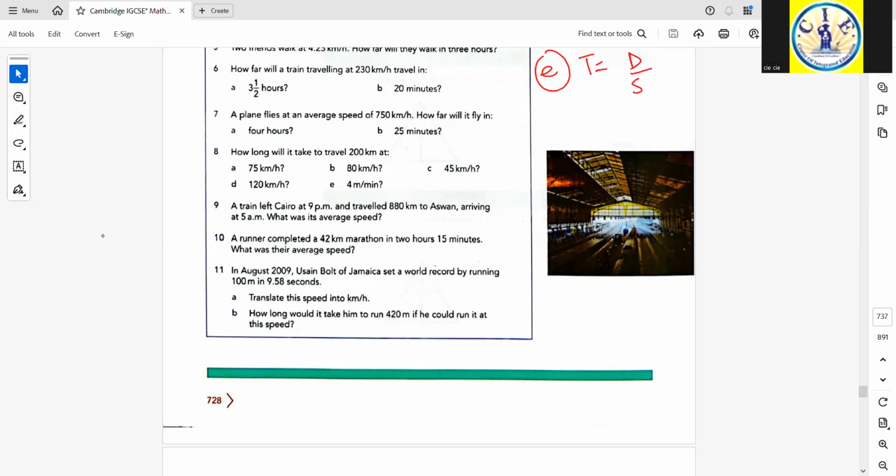Substituting the values, that's 200 kilometers, and speed is given to be 4 meters per minute.